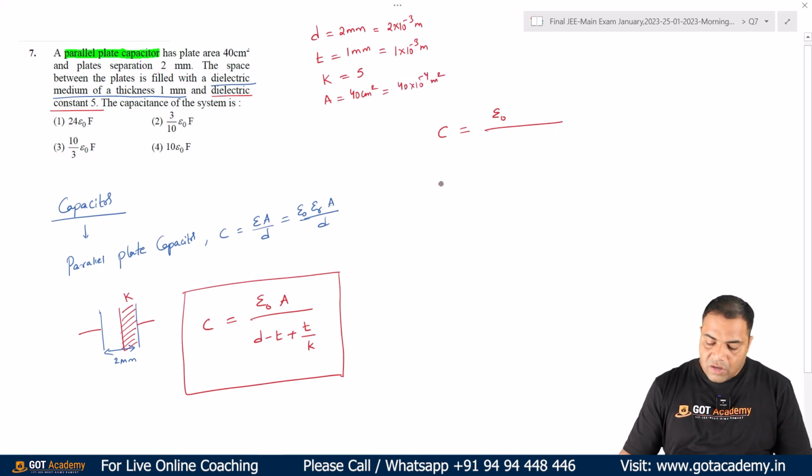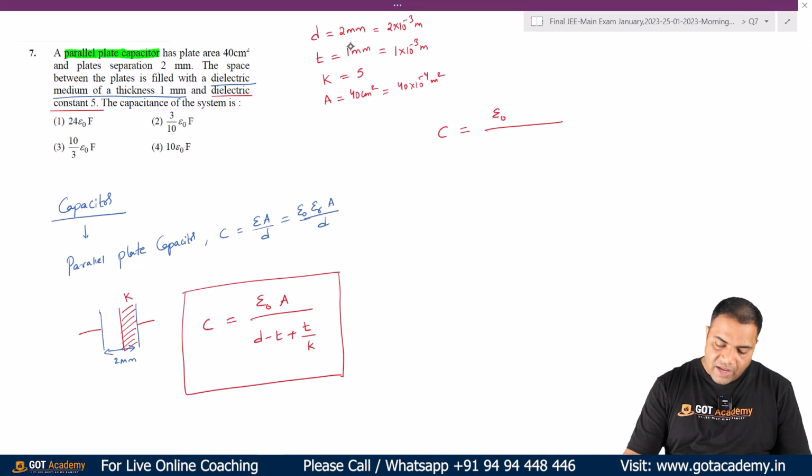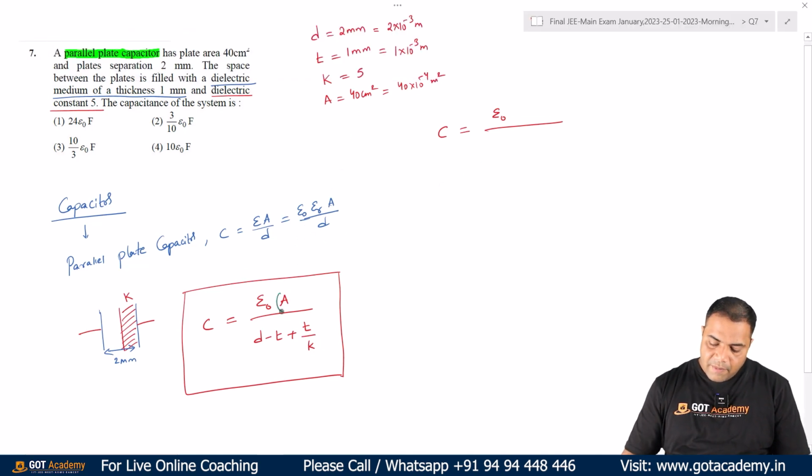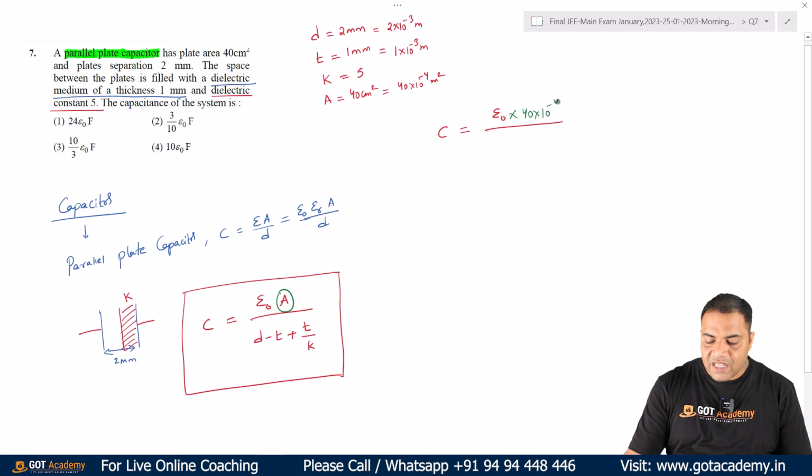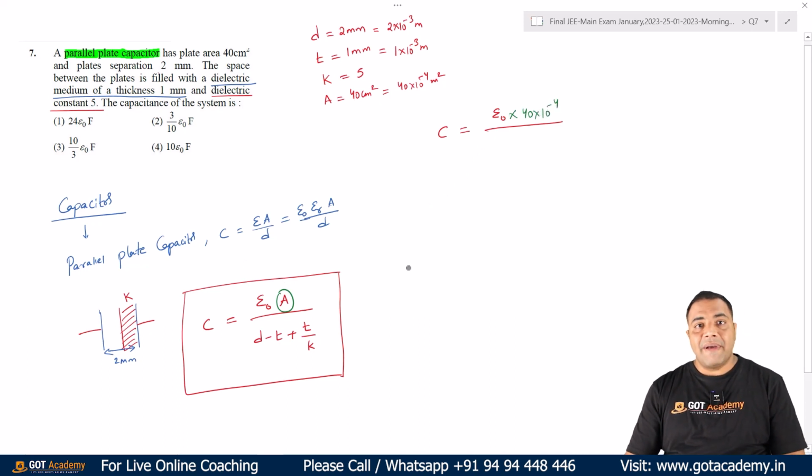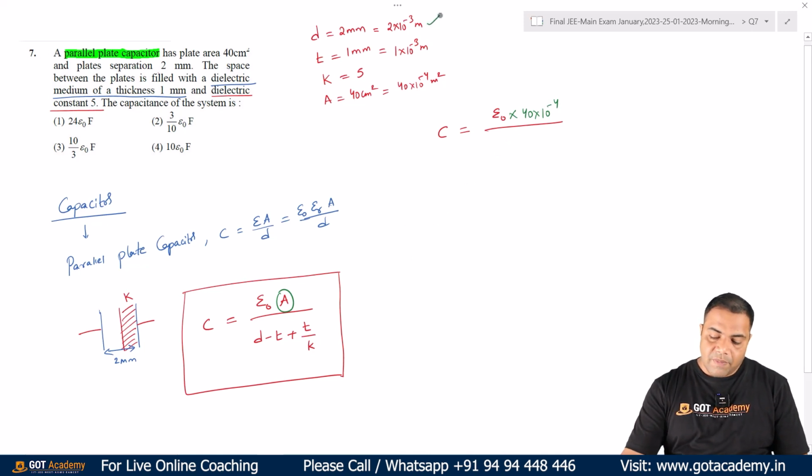So in place of A, we write 40 into 10 to the power of minus 4, by D minus T. D stands for the distance between the plates, which is 2 into 10 to the power of minus 3, minus T. T stands for thickness, that is 1 into 10 to the power of minus 3.